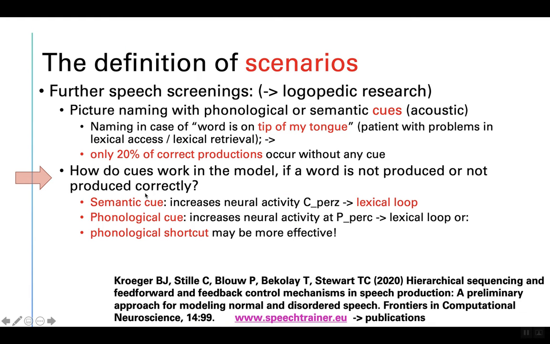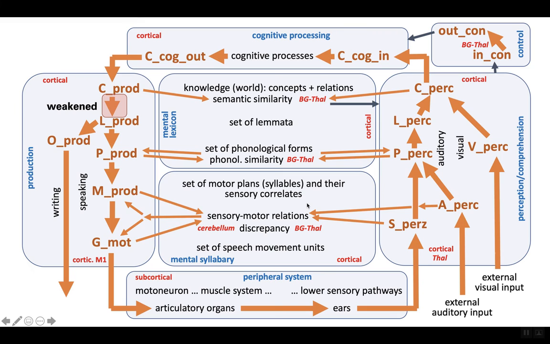So how do the cues work if a word is not produced or not produced correctly? In the case of a semantic cue, it leads to an increase of the neural activity in the concept level of the perception side. The visual cue is coming in here.